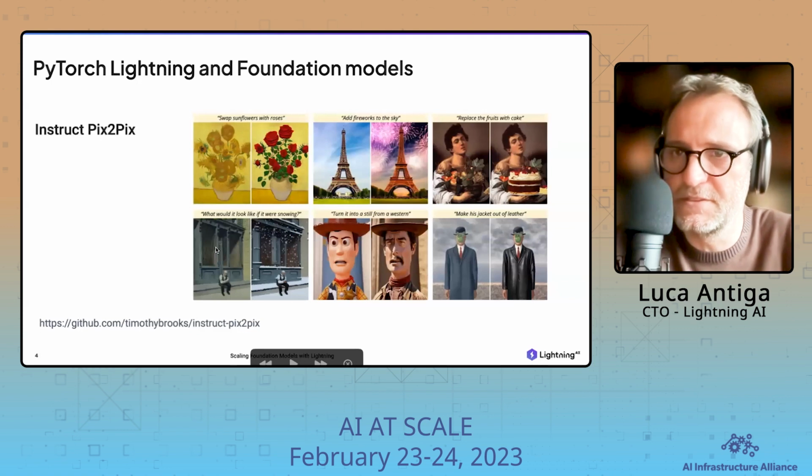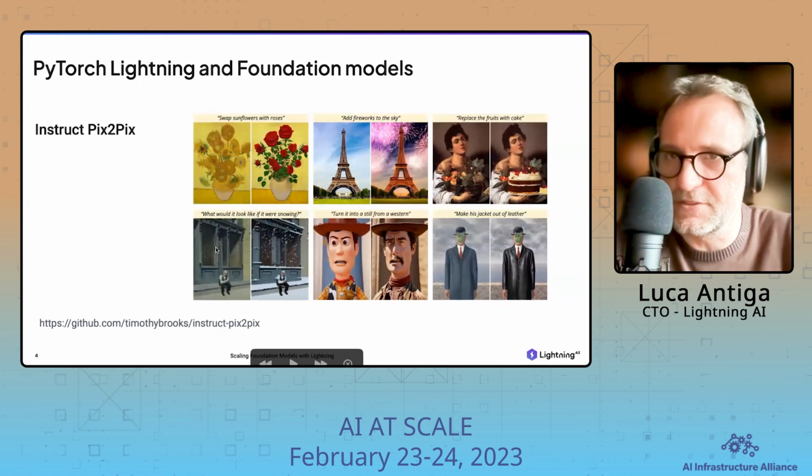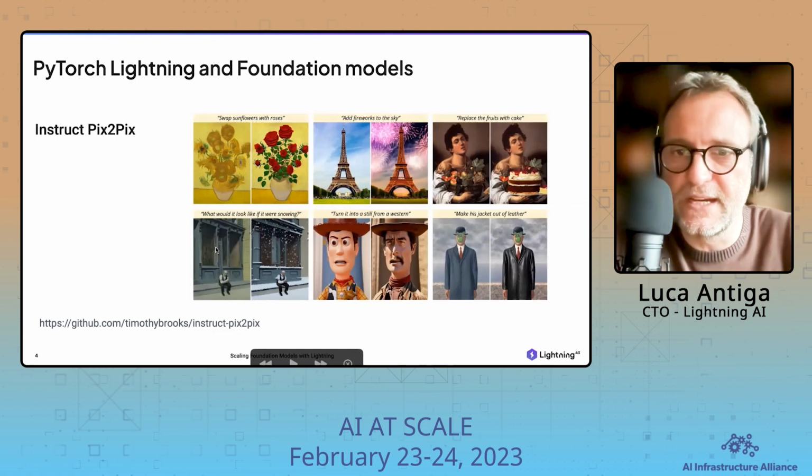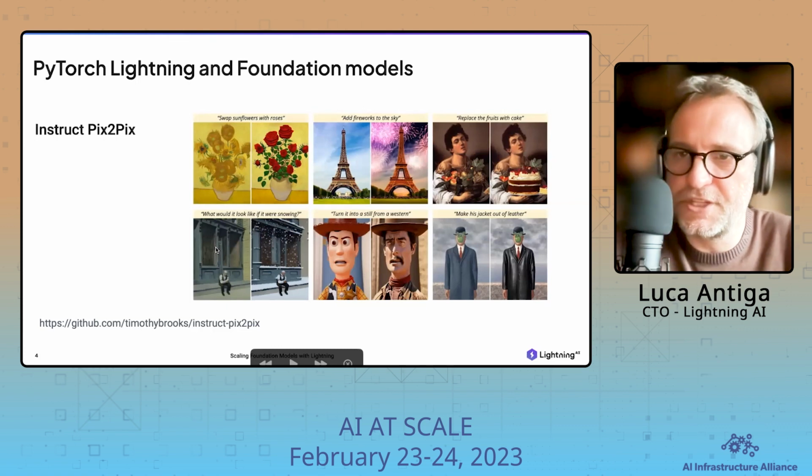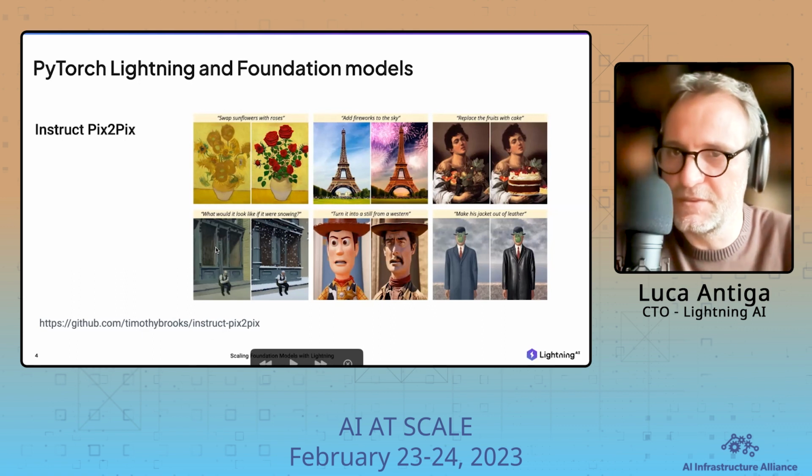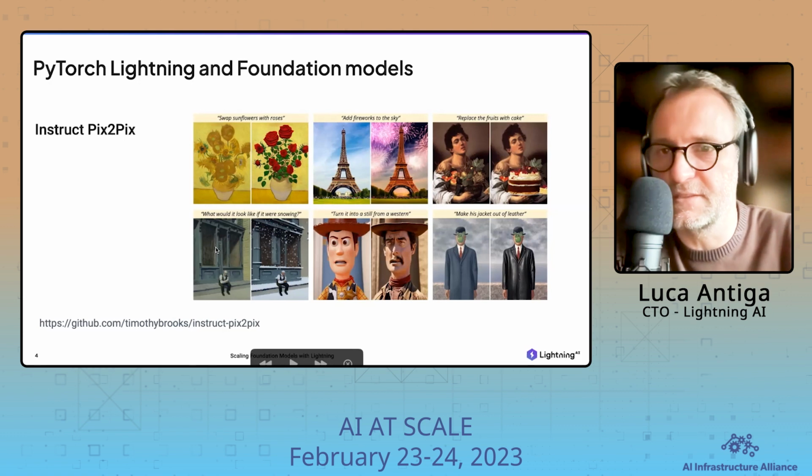Some derivatives of the same model use PyTorch Lightning under the hood, like the more recent InstructPix2Pix, where you can do image-to-image transformations based on a textual description. And this has gained some popularity recently.